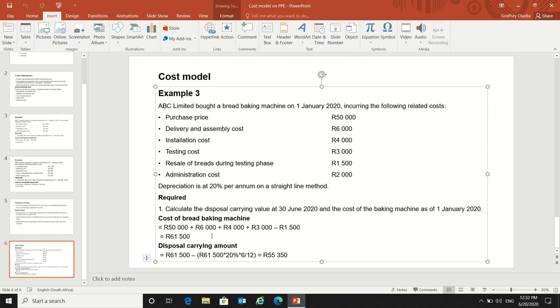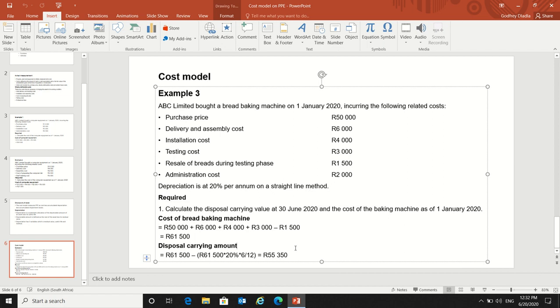Now here we are saying we want to know how much the carrying amount of this baking machine will be for disposal if we sell it on 30 June. Here we are also asking that question.